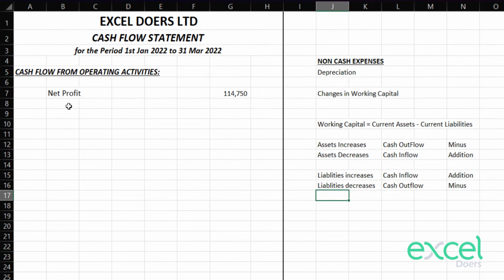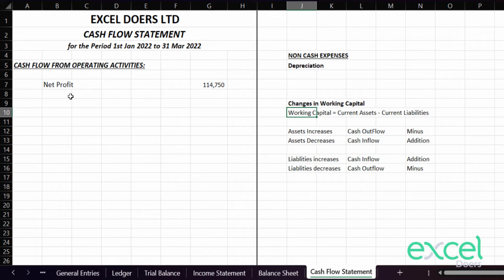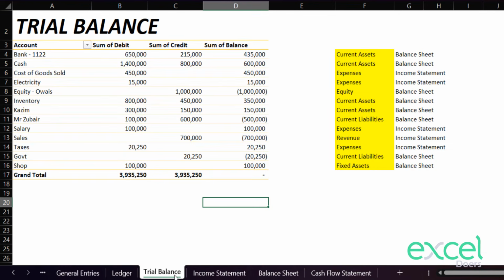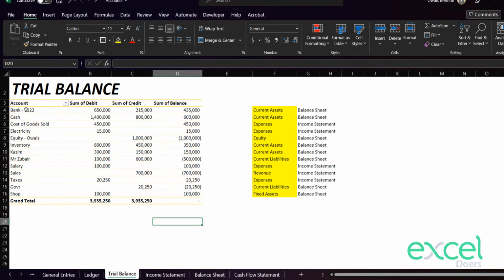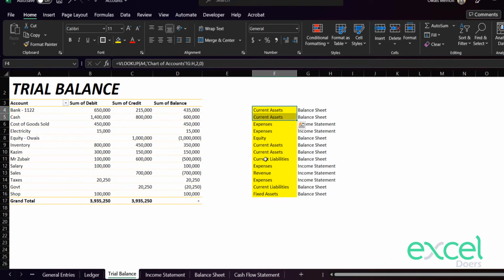So now I have to list down all the changes in working capital. Hope everything is clear here, right? So now I have to go back into my trial balance, and I have to see which are my working capital accounts, which are the current assets and the current liabilities, right?